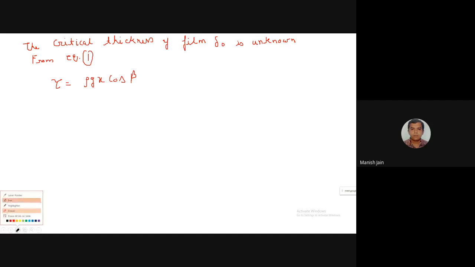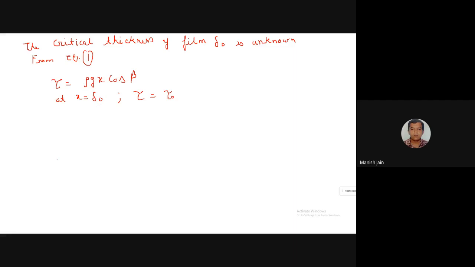Okay, so at x equal to del naught, tau equal to tau naught. So tau naught is the property of the material which is given, like viscosity or density. So you know the value of tau naught, but del naught will depend upon the structure. So for solving the problem, first you will determine the value of del naught.